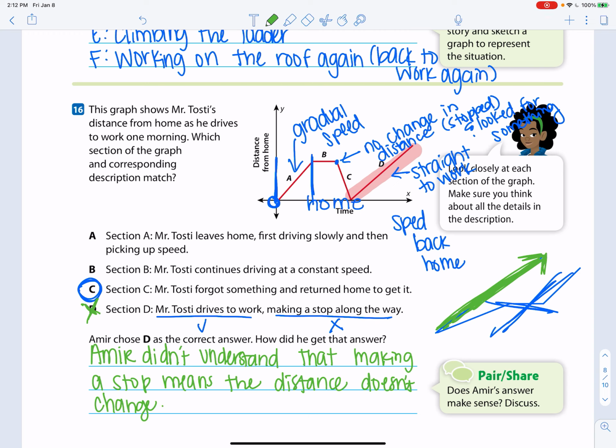Section D shows a constant change in distance. Okay, section D is a straight line, which means it has a constant rate of change.